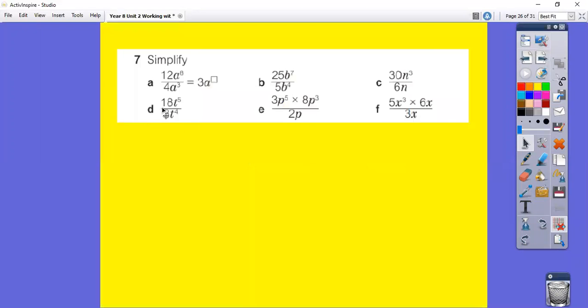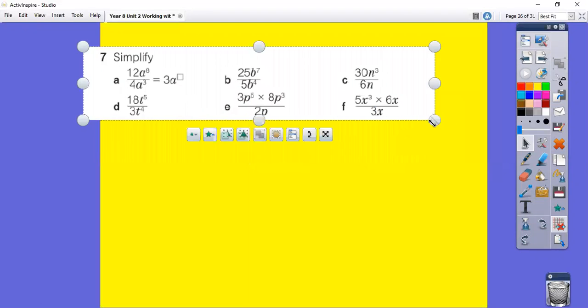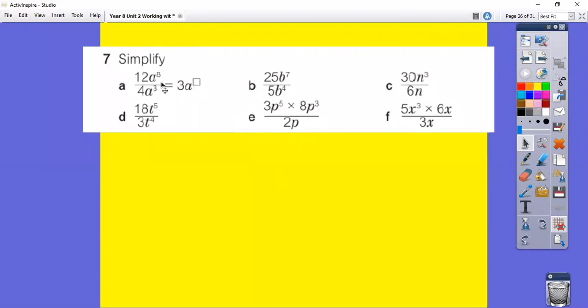So moving on, we have these practice questions. Question 7. So the first part is 12a to the power of 8 divided by 4a to the power of 3. So the 12 divided by the 4 gives you 3. Then to work out which power it needs to be for a, so you've got 8. Remember, when we're doing division of indices, it's subtraction.